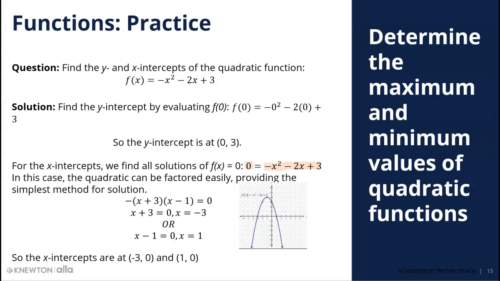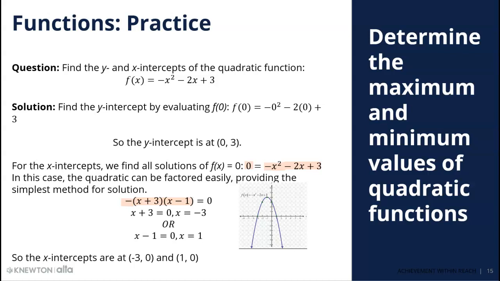You can solve that by factoring. So first you factor out the negative sign, and then you will be left with x squared plus 2x minus 3. And then you can factor that easily into x plus 3 times x minus 1, and then equate it to 0.